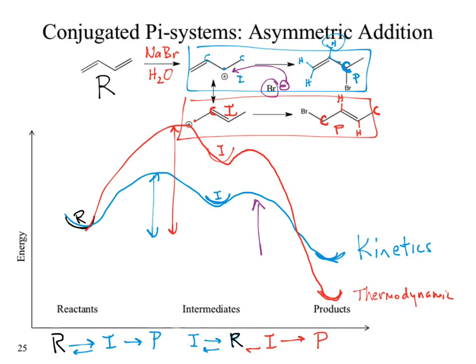Do I still have a hydrogen source? Yeah. How would that change the energy diagram? It wouldn't. Okay, what was it previously? HBr versus sodium bromide and H2O, right?